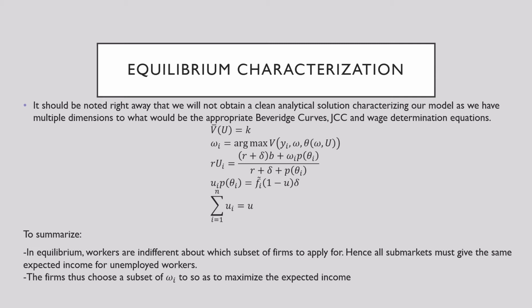This is something that's very unique and that we observe in the real world. And we can have workers applying to different jobs with different wages. But it's a matter of your likelihood of getting picked up by these firms. Thus, we only have this equilibrium expected income from applying to each one of these firms, and likewise an equilibrium expected value of a vacancy for making an offer instead.